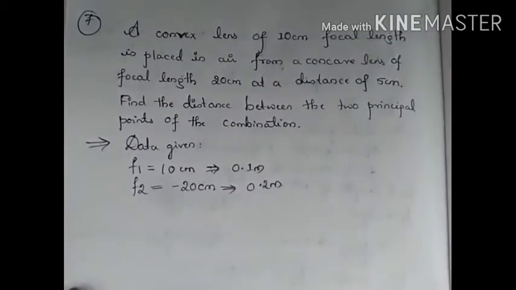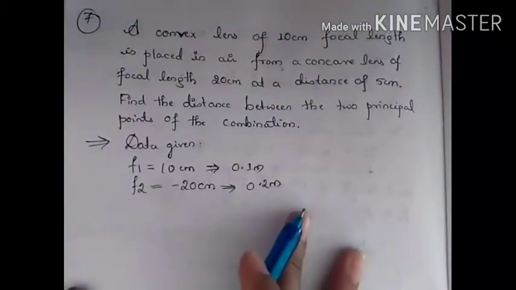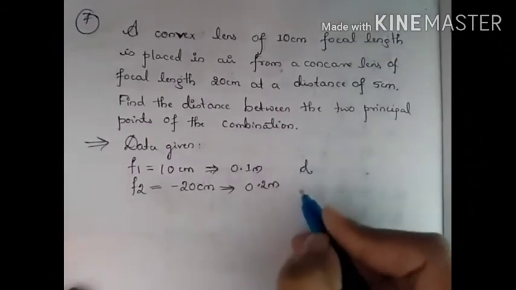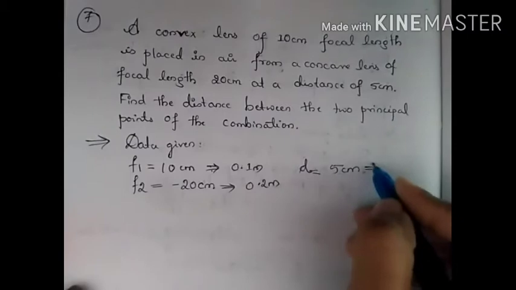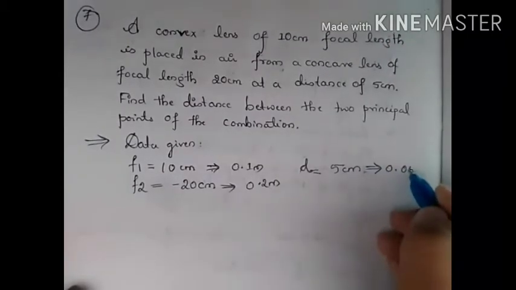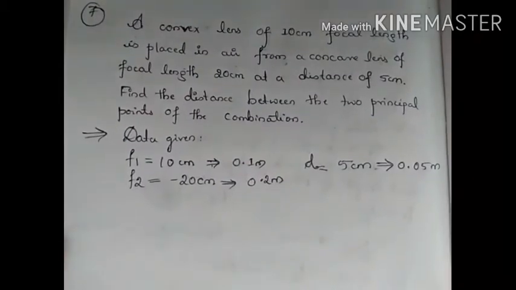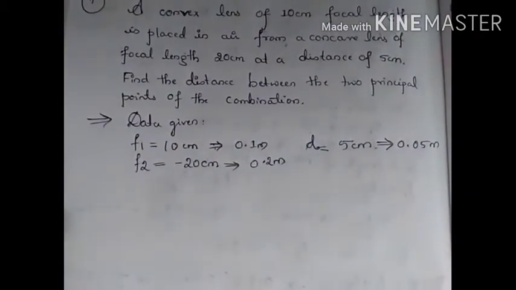So the focal lengths of the two lenses are given to us. The distance between these two lenses is 5 centimeter, that is equal to 0.05 meters. So the distance and the focal lengths for the system are given.